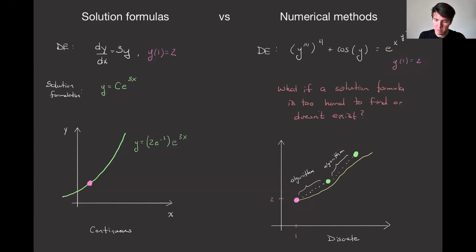It may be the yellow. So the green points are just trying to be close to the curve, but they're not going to be exact. They're just approximations. Whereas on this curve, the curve is exact for the solution formula. So that's some of the differences between solution formulas and numerical methods.